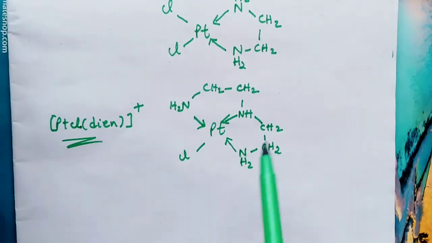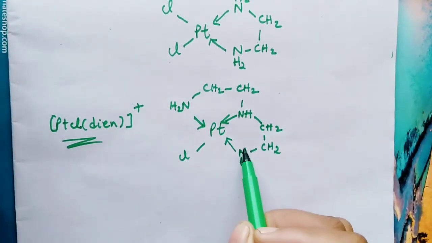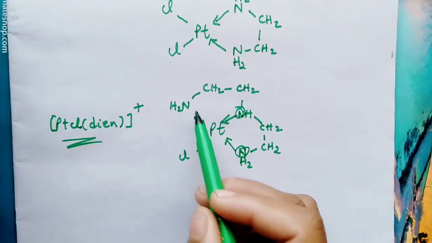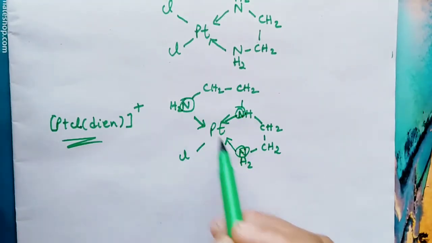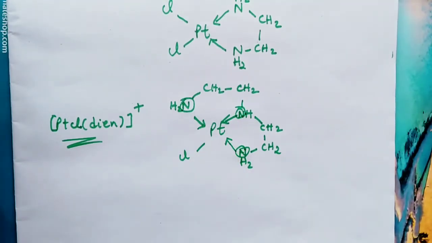How many donor atoms or coordinating groups are there here? 1, 2, 3, those which are attached to the central metal atom. So it is an example of a tridentate or terdentate ligand.